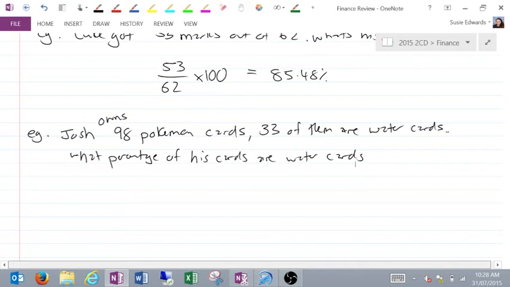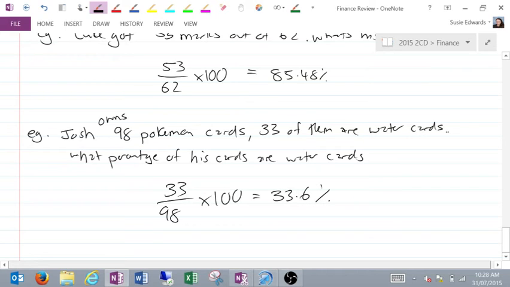We go 33 over 98 times by 100, which is 33.67 percent. I'd always go 2 decimal places.